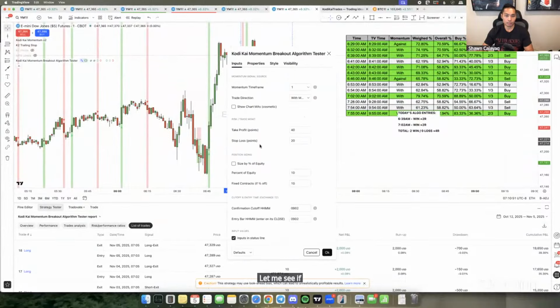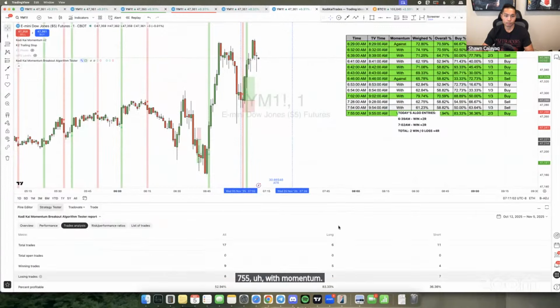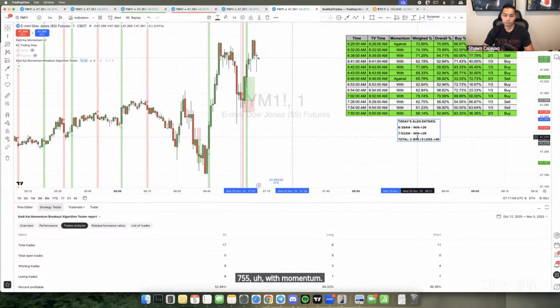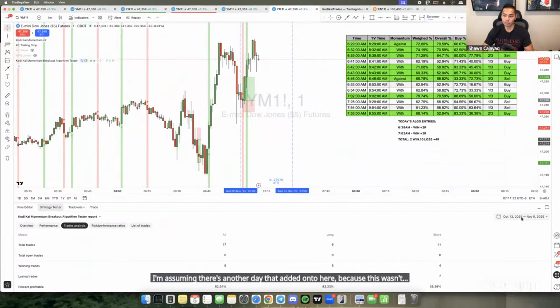Let me see if I can put the settings over here for that entry. 755 with momentum. I don't know why this happens right here. I'm assuming there's another day that added onto here because this wasn't here.